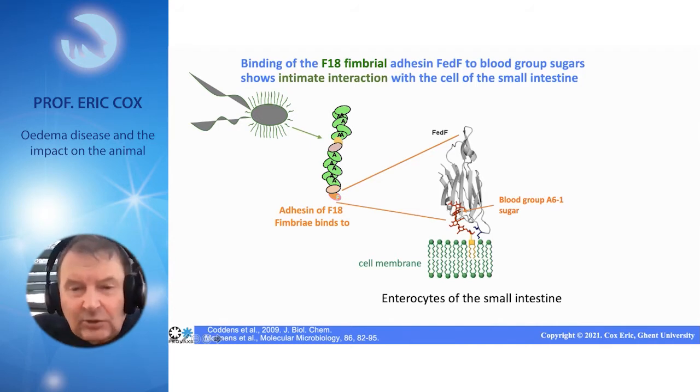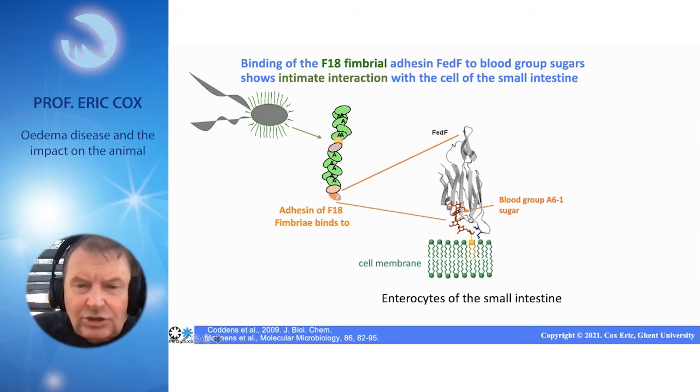What you see on this cartoon is that the fimbria come very closely to the cell membrane, and that is important to remember. So in order to colonize, F18 positive E. coli have to come very close to the surface membrane.